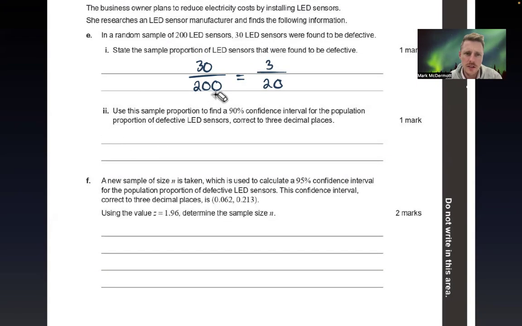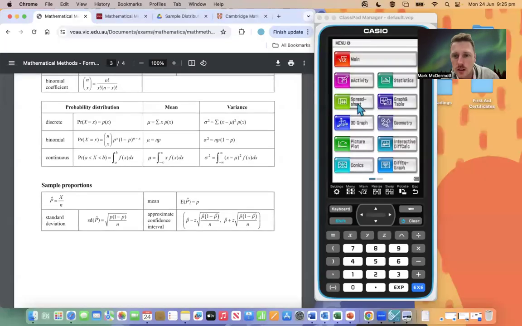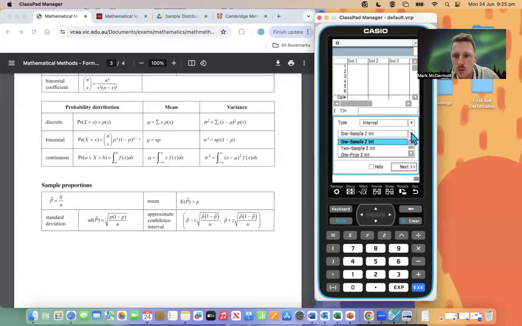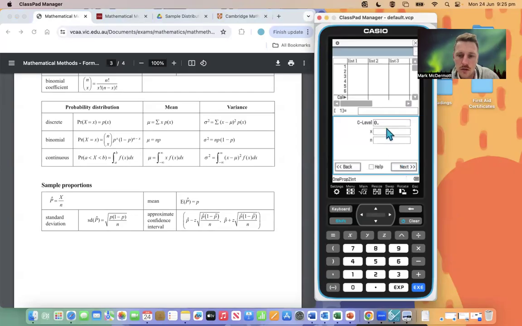Okay, we'll come back to that in a second. I just realized that part 2 here can just be done using the calculator, so there are not going to be any rounding errors. So I'll show you what I mean. If you go to statistics, and then calc, interval, 1 prop z interval, and then go next. We wanted a confidence level of 90%.